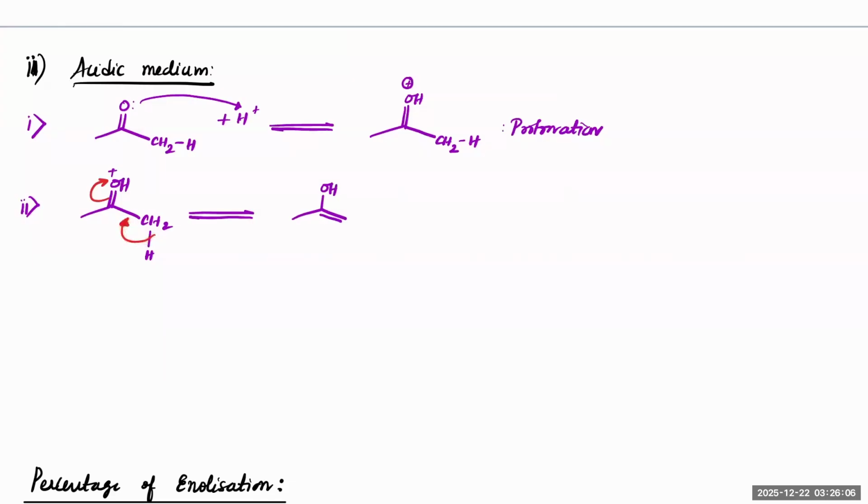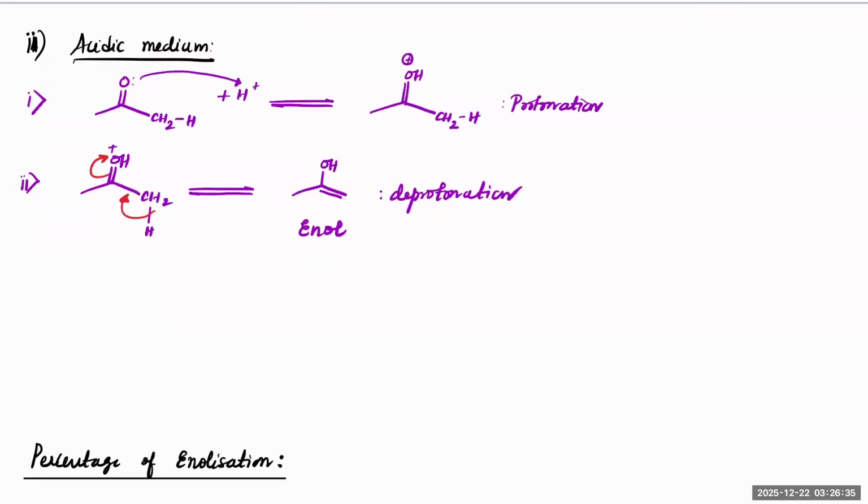So the H plus being lost is called deprotonation. So it went through these two steps: one is protonation, the other one is deprotonation. So in this case, we got the enol part. Have you noticed, unlike in the first case, there is no enolate ion formation? Directly ketone to enol or enol to ketone will happen in the case of acidic medium.